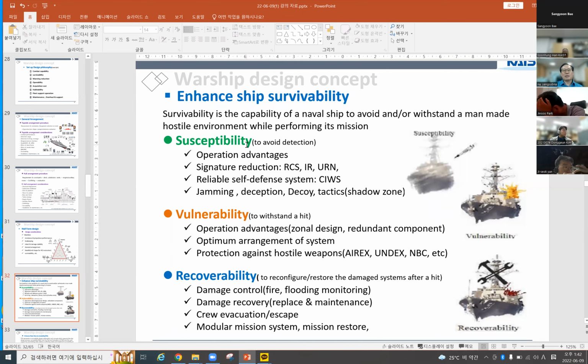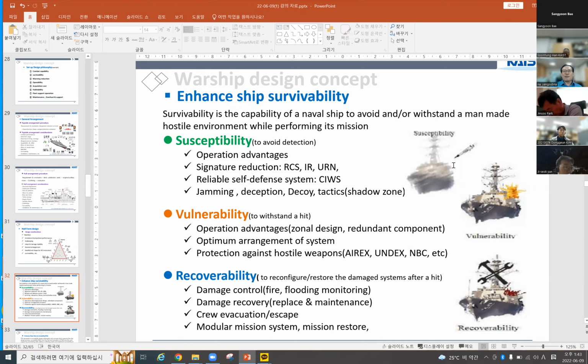Susceptibility means the capability to avoid detection. For example, for our ships, how to avoid detection by the enemy. For that, we make some operating advantages and signature reduction: radar cross section, infrared signature, and underwater radiated noise.